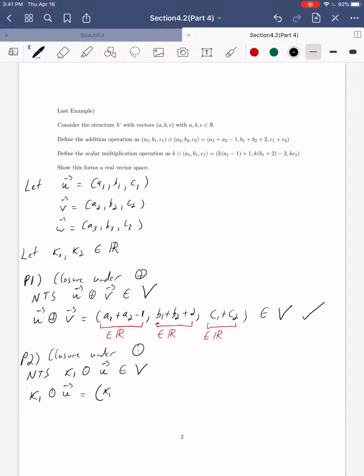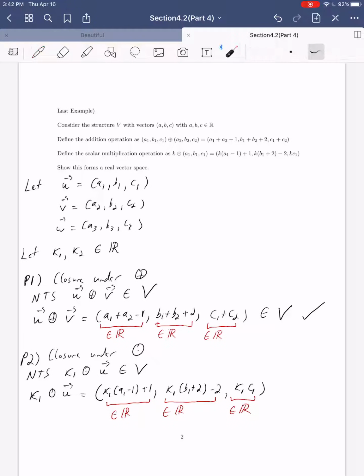So it looks like it's going to be k1 times (a1 minus 1) plus 1, k1 b1 plus 2 minus 2, and k1 c1. Again, pretty clear. All of these, even though it's a little bit non-standard, are going to be elements of the real numbers, which guarantees that this thing is a 3-tuple of real numbers. So that guy is also in the vector space. So the closure here under these two operations, very clear.